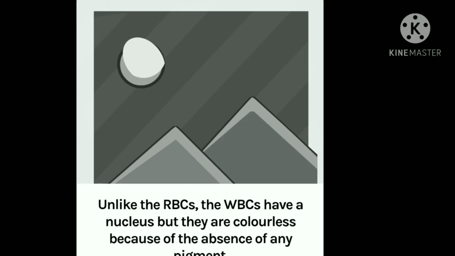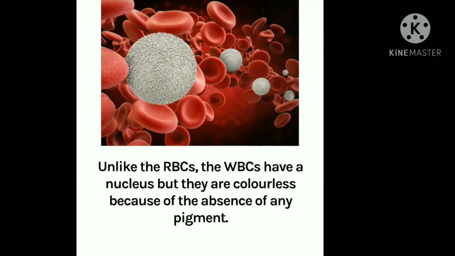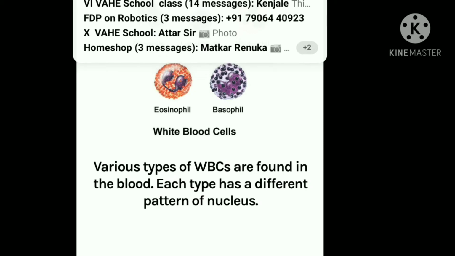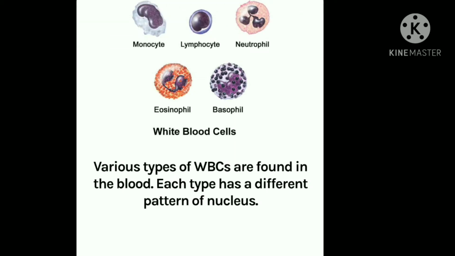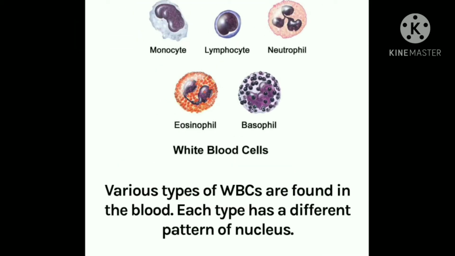White blood cells or WBCs also, unlike the red blood cells, the WBCs have a nucleus but they are colorless because of absence of any pigment. So their color is white. Here you are able to see. Now various types of WBCs are found in the blood.